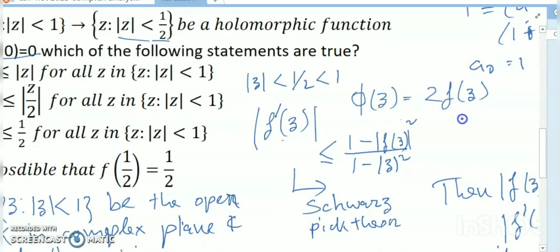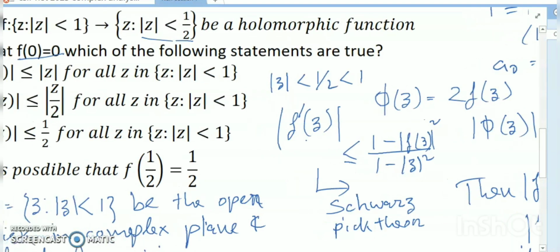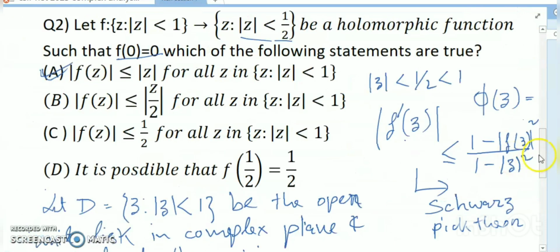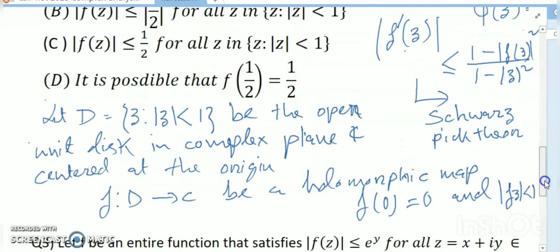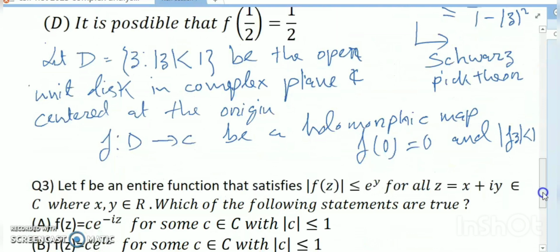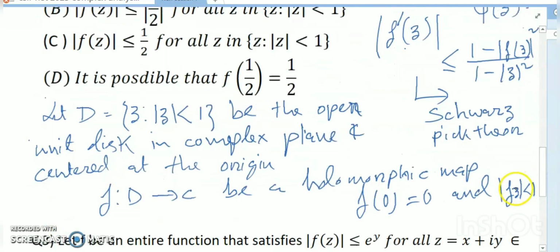Now mod of phi(z). According to the question, the Schwarz theorem says that f is holomorphic and mod of f(z) is less than 1.